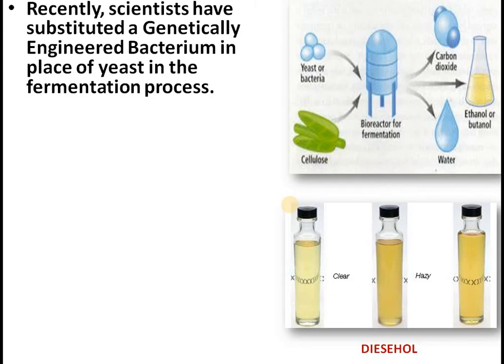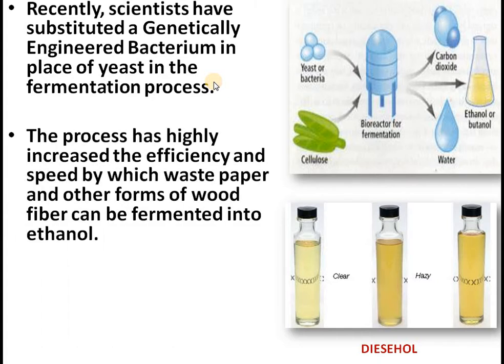Recently scientists have substituted a genetically engineered bacteria, a type of catalytical agent, in place of yeast in the process. So the fermentation process becomes faster and the production becomes very fast. It highly increases the efficiency and speed by which waste paper and other forms of wood fiber can be fermented into ethanol.